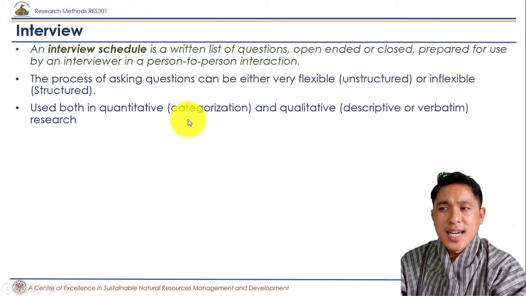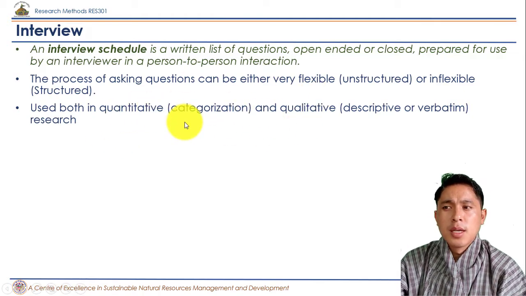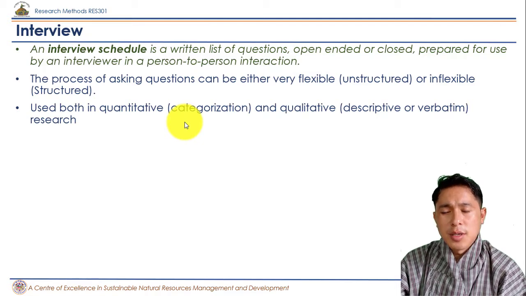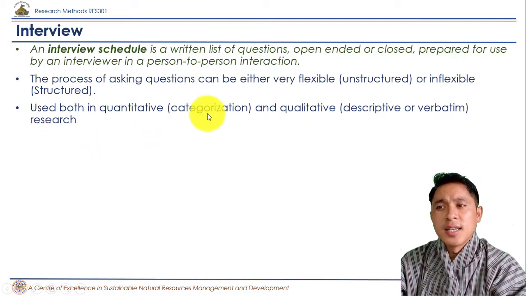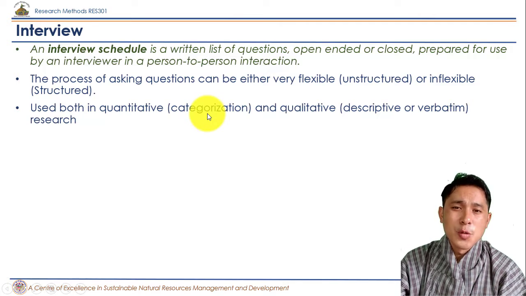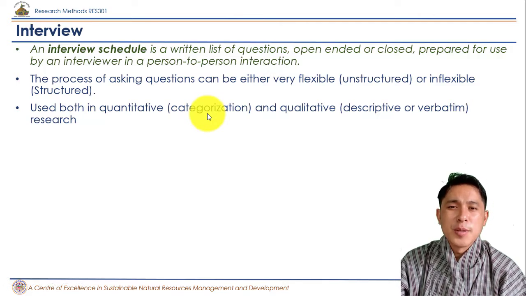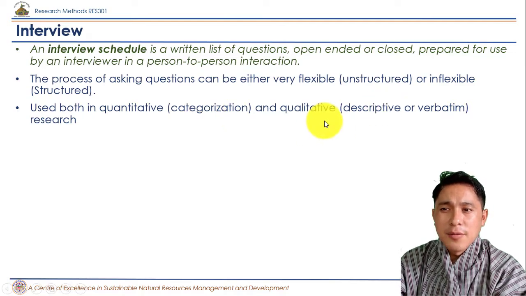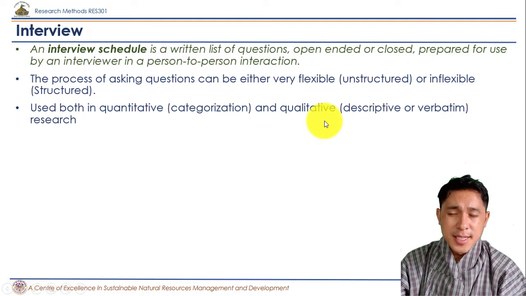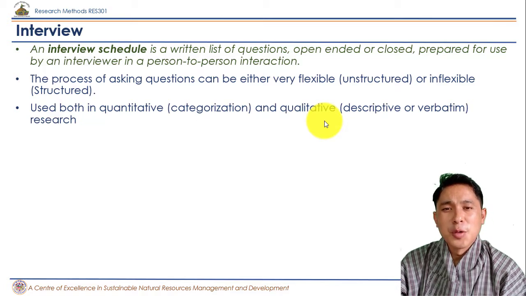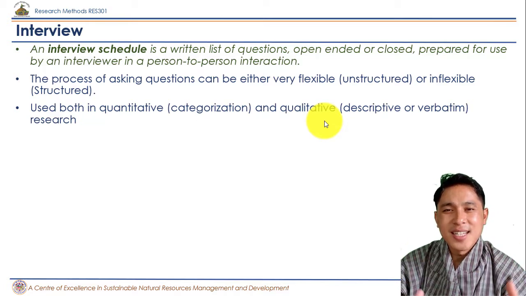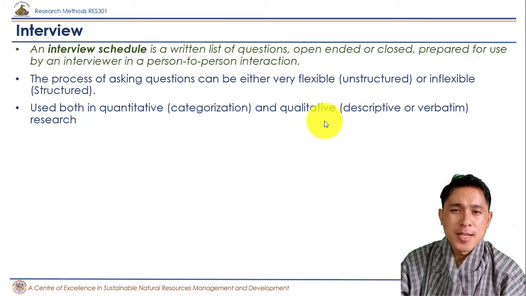But it can be used for both qualitative as well as quantitative research. If you're looking at quantitative, then the answers that you want to record should be in categorical responses. But if you want that research to be qualitative, then the responses that you want to record should be in the form of descriptive or verbatim.